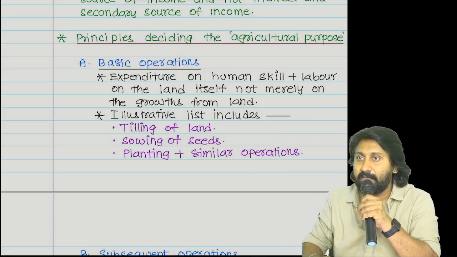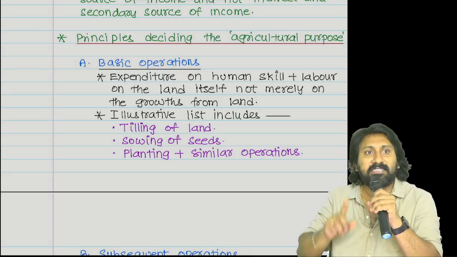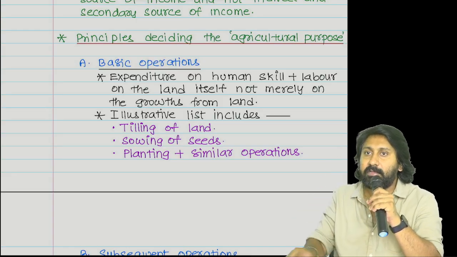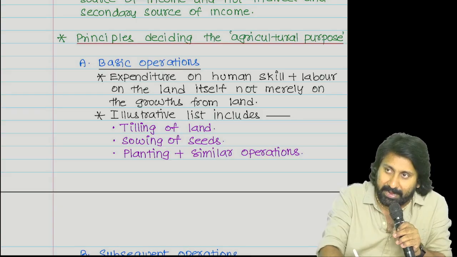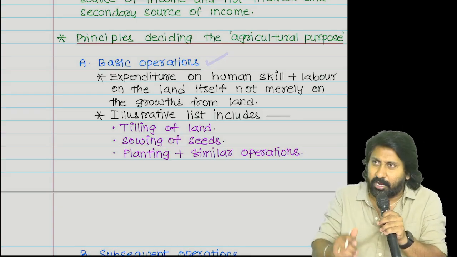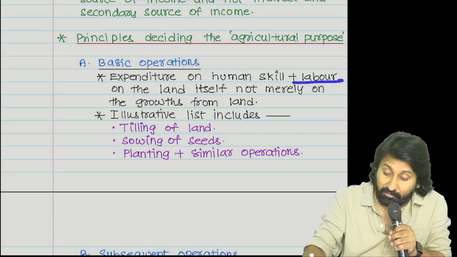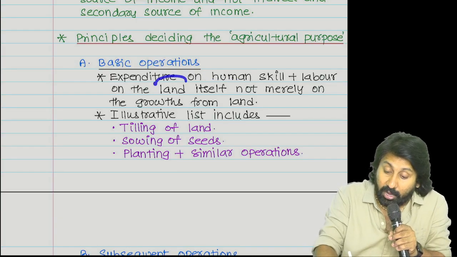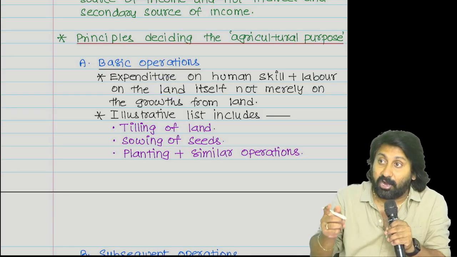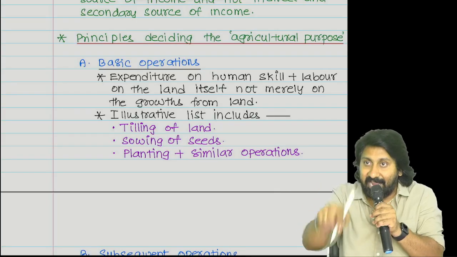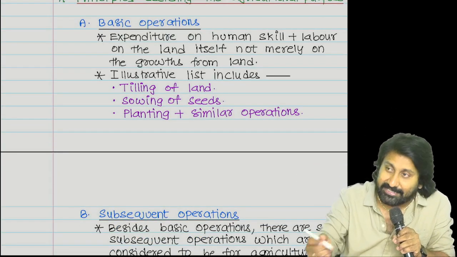Who is that? Farmer. So hard labor is involved in that. So what do you mean by agricultural purpose? There should be what involved? And on what? Land, not on the produce, on the land. Next, examples.